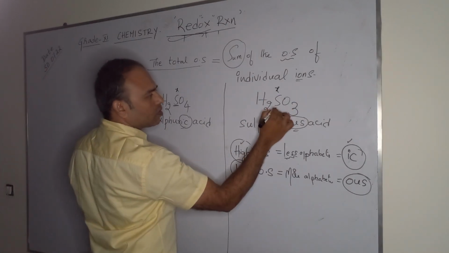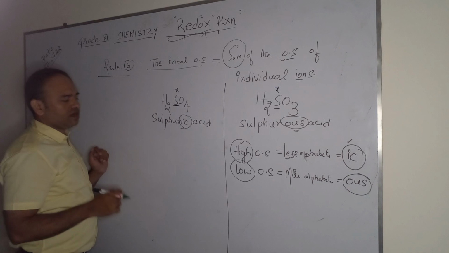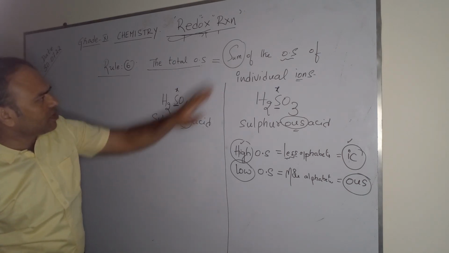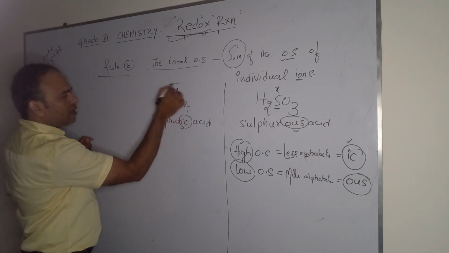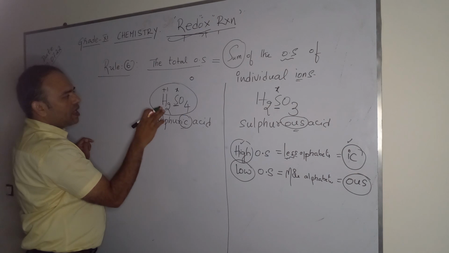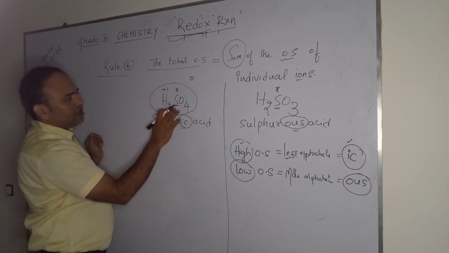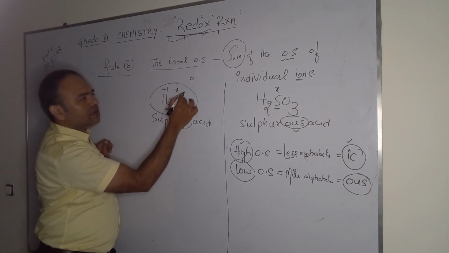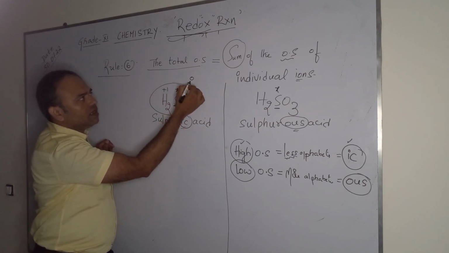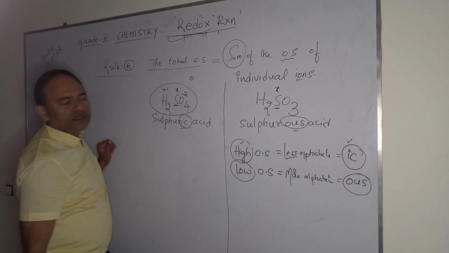Here also X for sulfur. Accordingly, the total oxidation state is equal to the sum of the respective ions. So I will take it like this. If you add all the charges, that is hydrogen plus 1, sulfur X, oxygen minus 2 into 4, the total will be equal to 0.